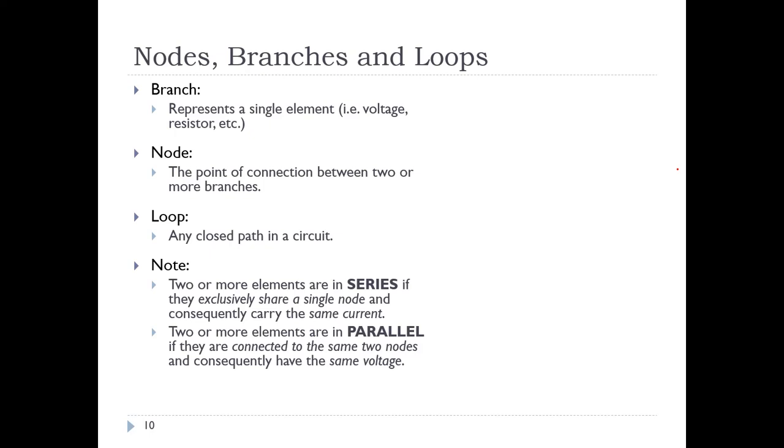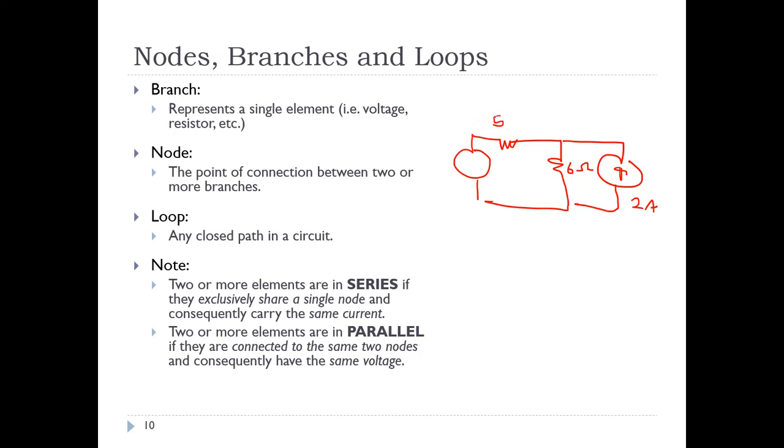Nodes, branch, and loops. These are important things when dealing with electric circuits. What is a node, what is a branch, and what is a loop. Let's say you have a circuit here, with 2 ampere, 6 ohm, 5 ohm, and 10 volt, for example.